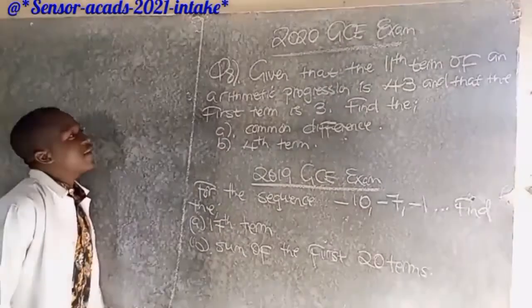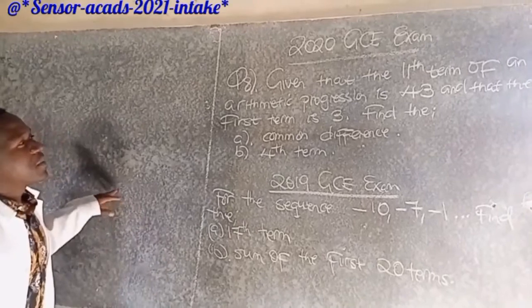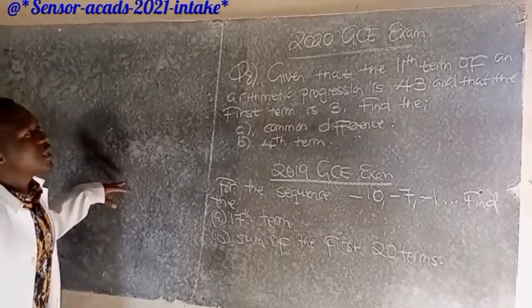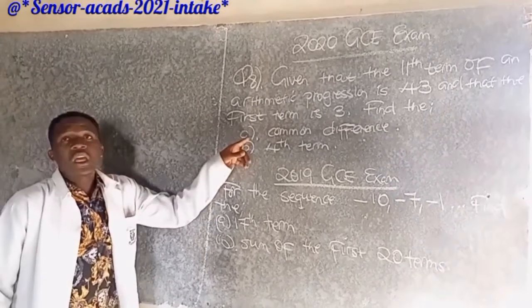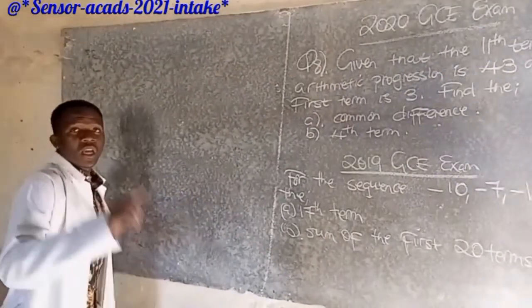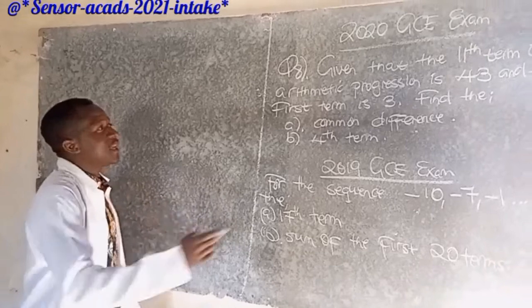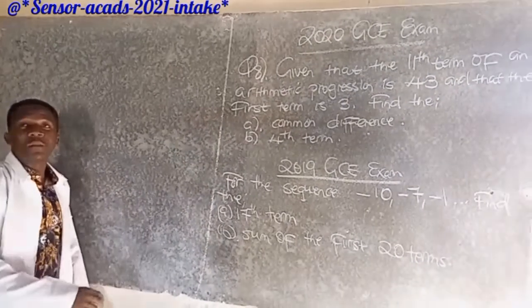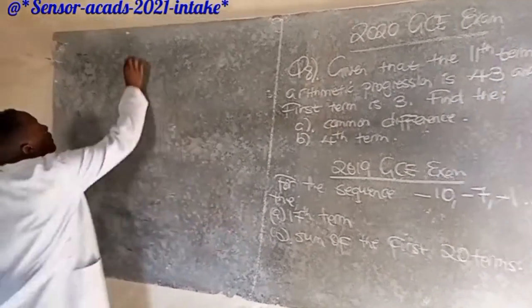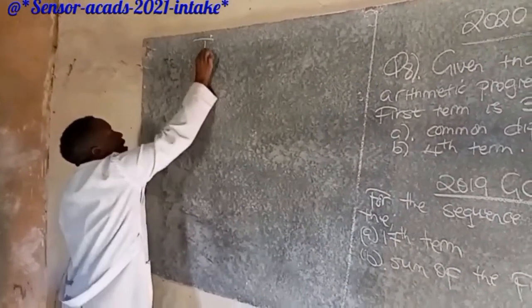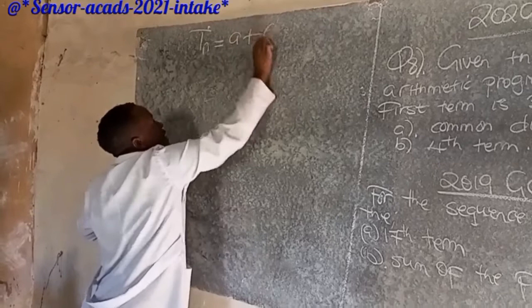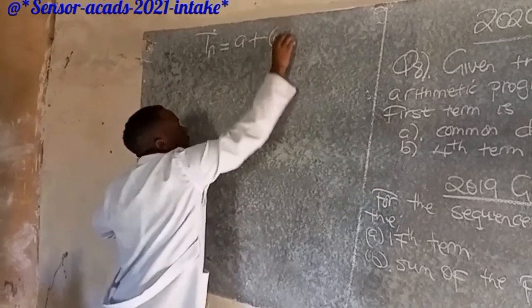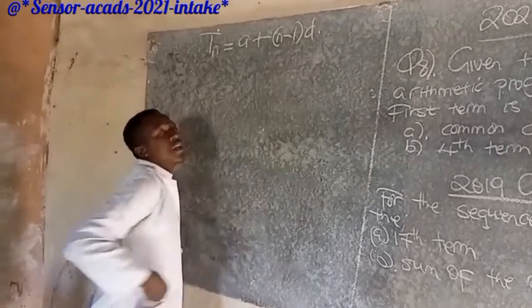Given that the 11th term of an arithmetic progression is 43, and the first term is 3, find d, the common difference. The first and most important thing, let's come up with the formula that links the arithmetic progression. So I'm going to say nth term equals a plus (n minus 1) d.